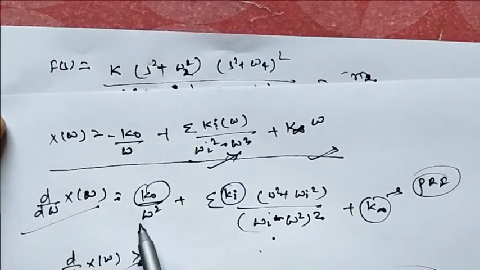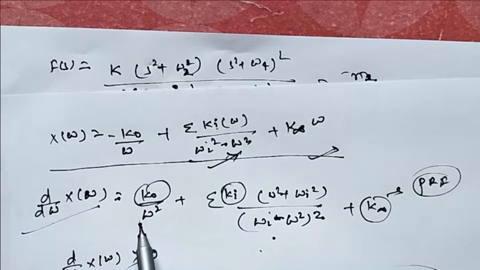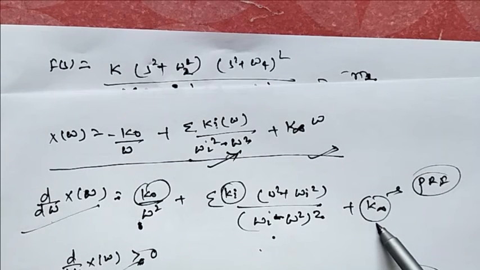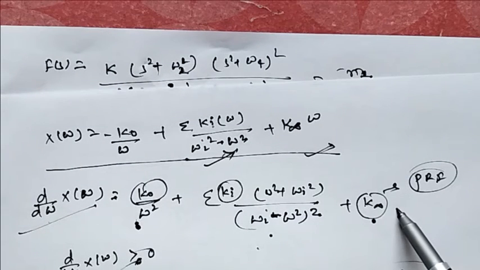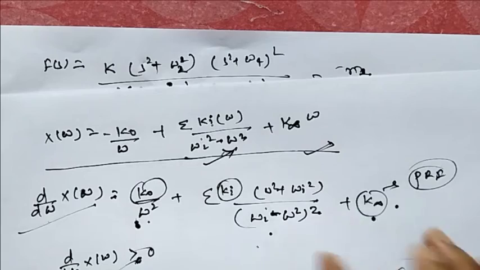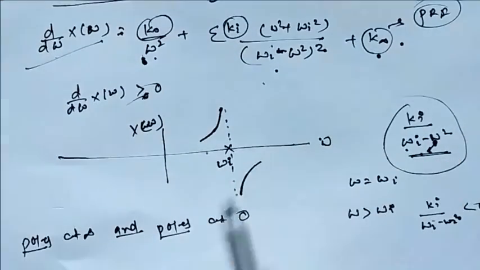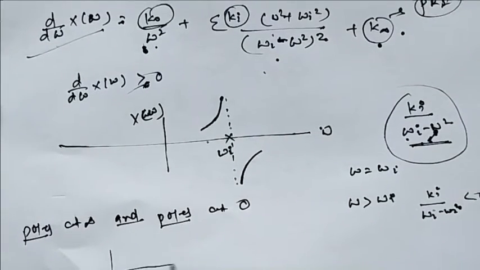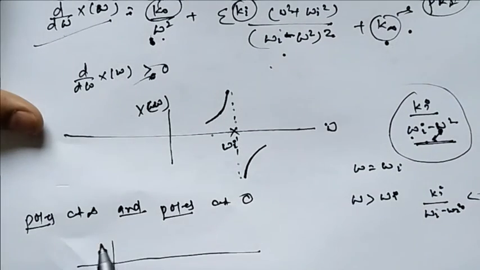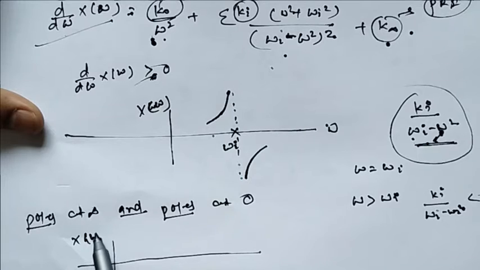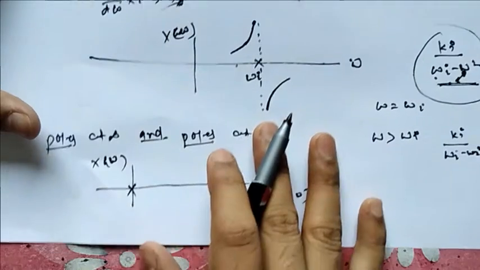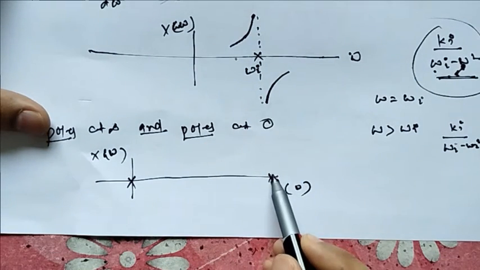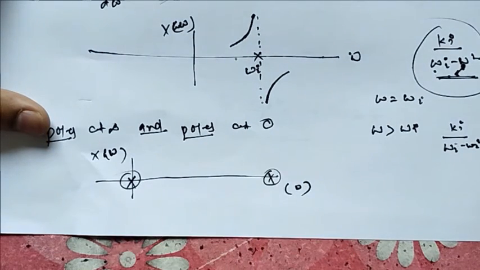There can be three cases: pole at 0 and pole at infinity, zero at 0 and zero at infinity, and poles and zeros intermixed. But I am taking one case, pole at infinity and pole at 0. Now we are making a graph of X(omega) with omega. This is your infinity point and this is your 0 point.